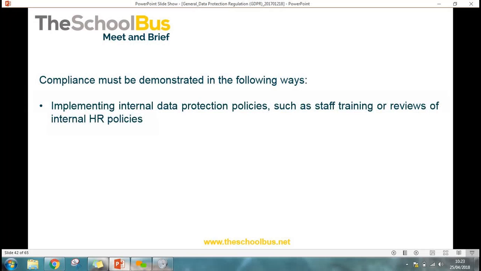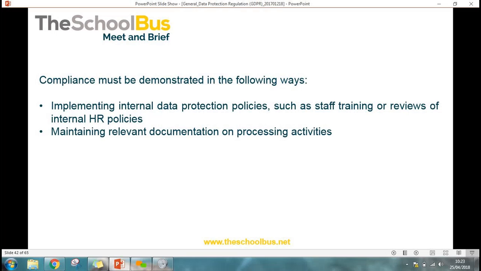Obviously, having internal data protection policies in line with the GDPR, having staff training and regular reviews, ensuring that all staff not only have read the data protection policy but also understand it. They also know what's included within the privacy statement and the terms and conditions, and they know how data, not just pupil data but data across the whole school, is being used and processed.